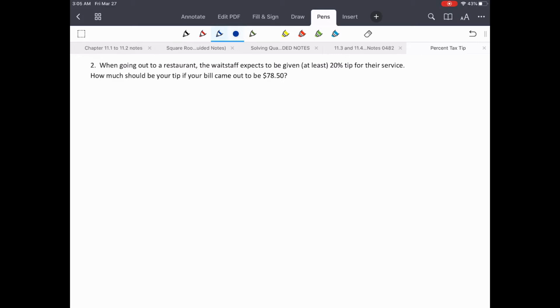For this particular question, I'm just going to do the percent equation. So we're going to do percent times the base, and that will equal the part. The percent in this problem is 20%, and 20% as a decimal is 0.2. If you want to put the 0 there, go ahead. You don't have to.